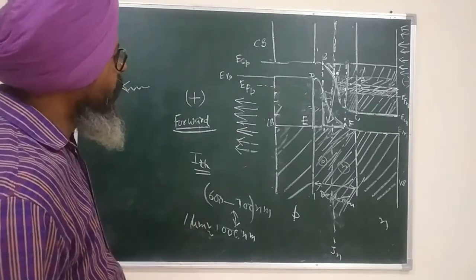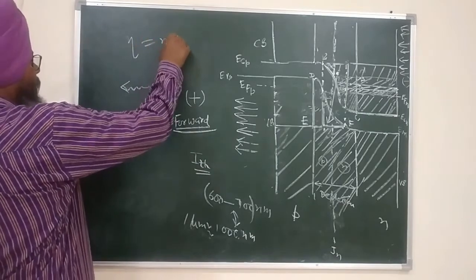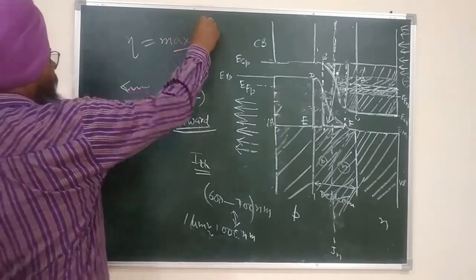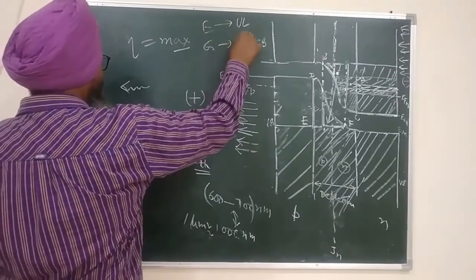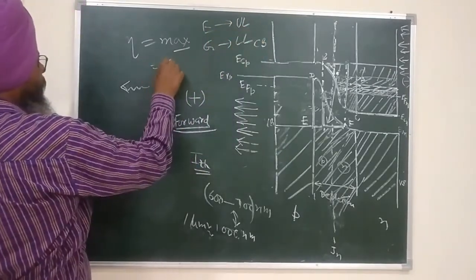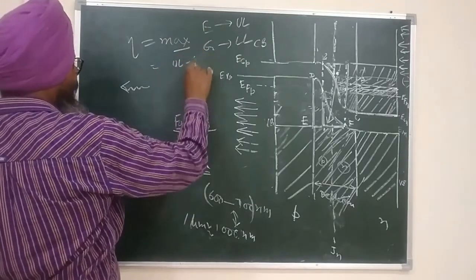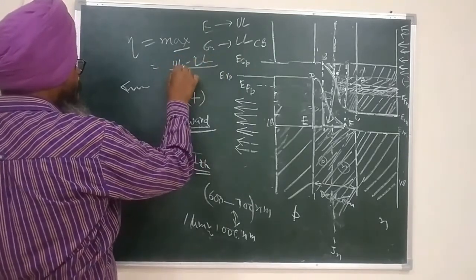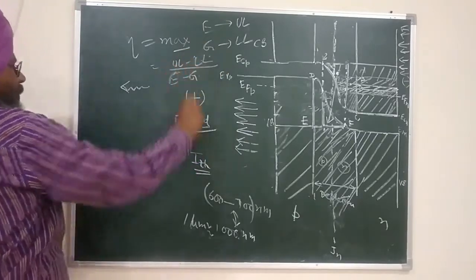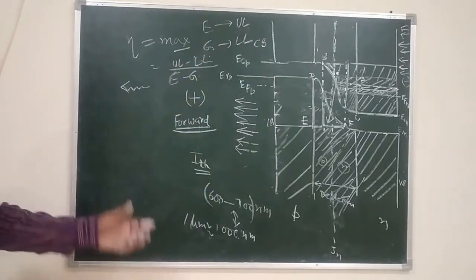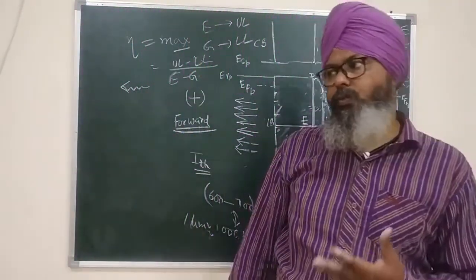Of course, its quantum efficiency, eta, will be maximum, because you have E corresponding to UL and G corresponding to LL. Therefore, eta, which is the UL energy minus LL energy over the E energy minus G energy, since the numerator and denominator will be the same, theoretically it can give maximum quantum efficiency. However, its quality is very poor.